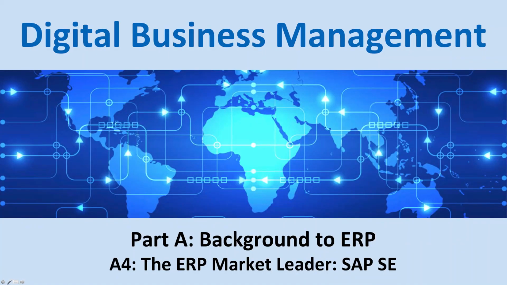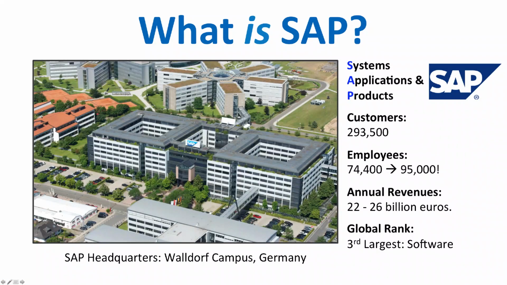So in A4 we're going to look at the market leader, SAP SE. It actually has now over 300,000 customers. It's headquartered in Walldorf. That's all their campus there. Basically Walldorf is a village which is dominated by SAP, as is St Leon-Rot, which is the next village south, just peppered with SAP buildings.